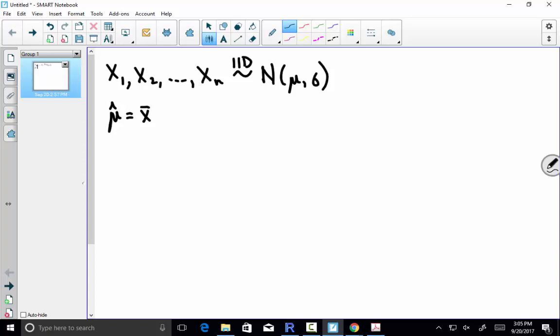X bar is a sample statistic that we're using to estimate that parameter. But it's just an estimate. And because it was computed from randomly obtained data, x bar, an estimate or statistic, is random.